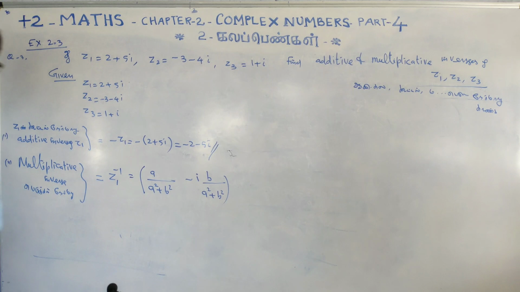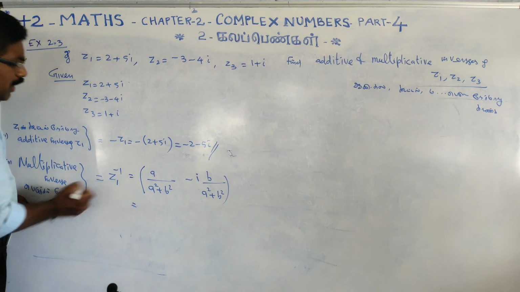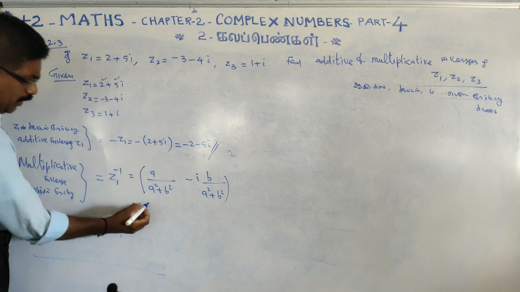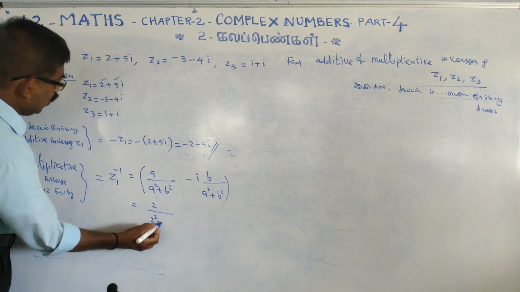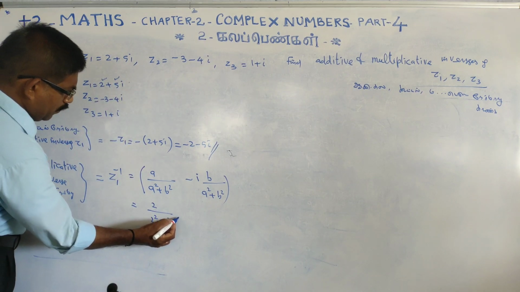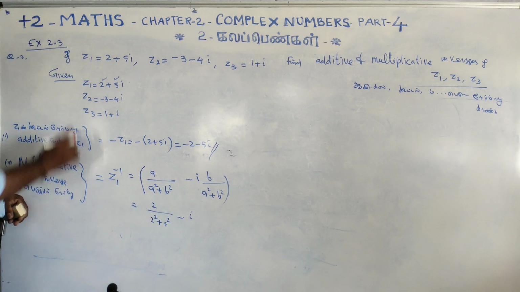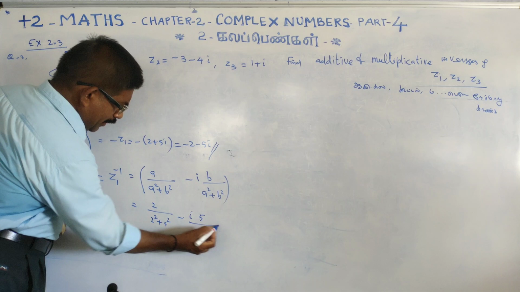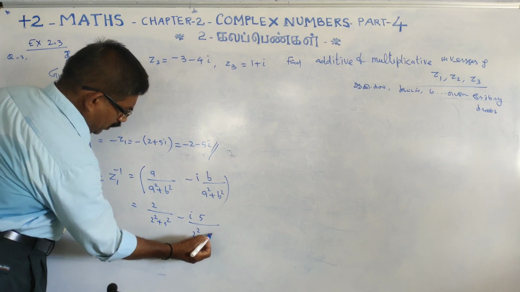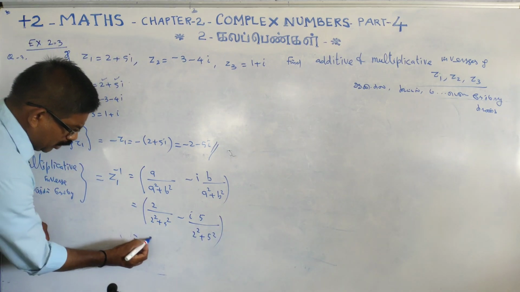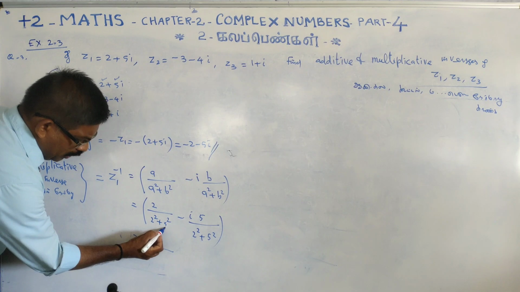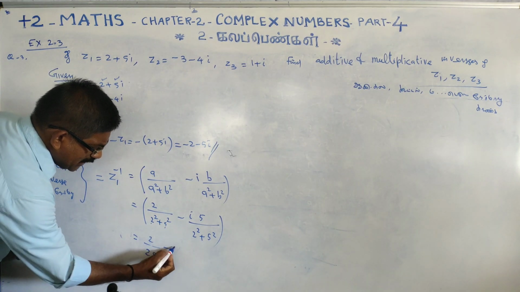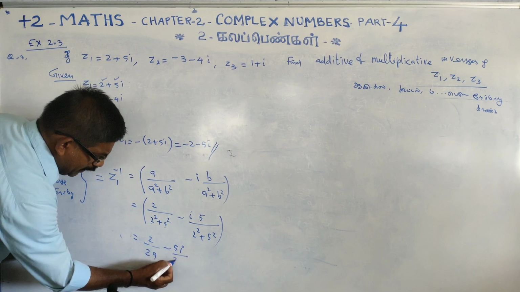Here a is 2, b is 5: 2 by 2 square plus 5 square, that is 25 plus 4, 29, minus 5i by 29.